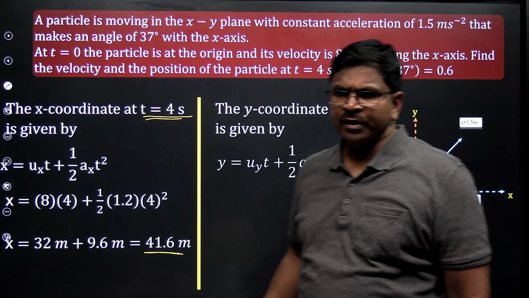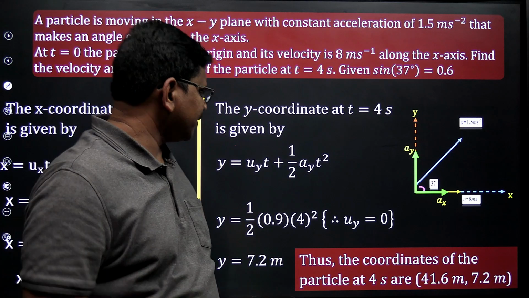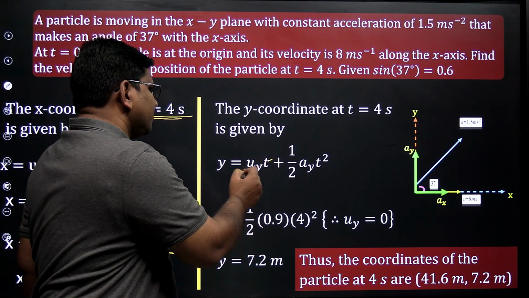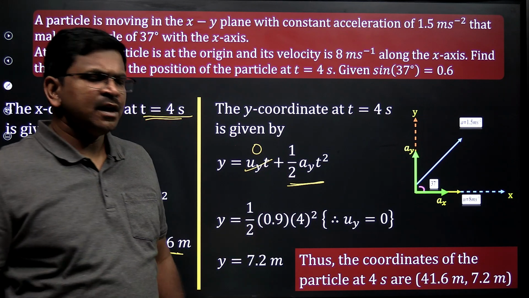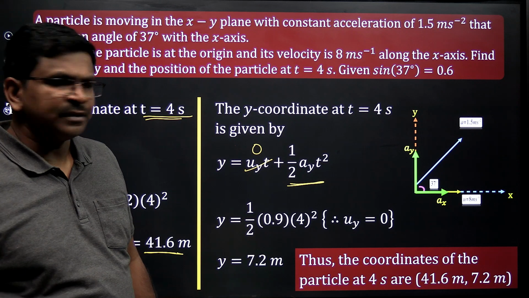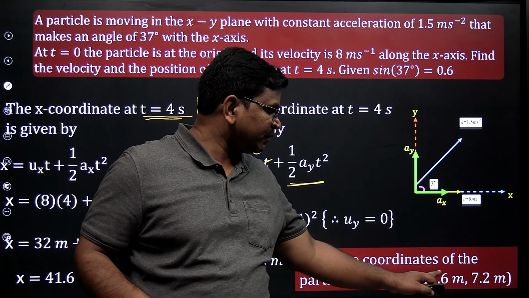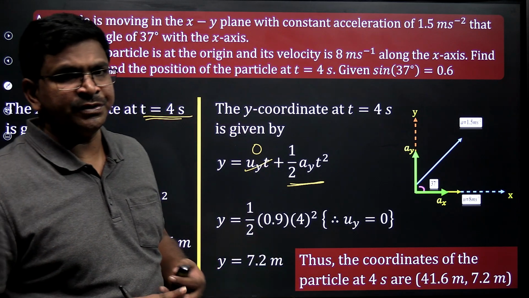And on the y coordinate, same idea, simple. Uyt plus half ayt square. So this uy is 0, so simply it will become 0. And now half ayt square, half into 0.9 into 16, that is 7.2 meters. Thus, the coordinates of the particle at 4 seconds will be 41.6 meters and 7.2 meters from the origin.